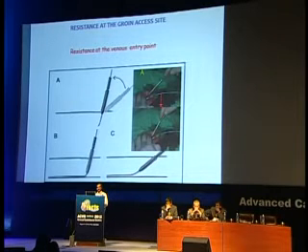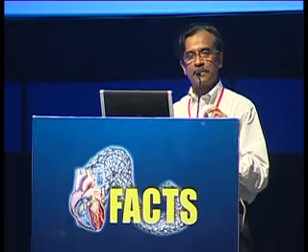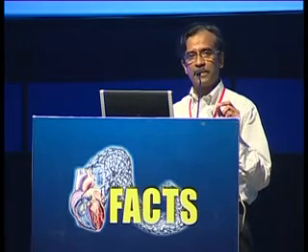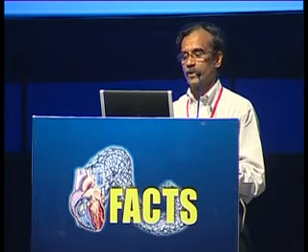Apart from that, another resistance we find at the groin site is when we advance the balloon catheter parallel to the skin or the tissues, you encounter resistance because the catheter cannot enter the femoral vein entry point.